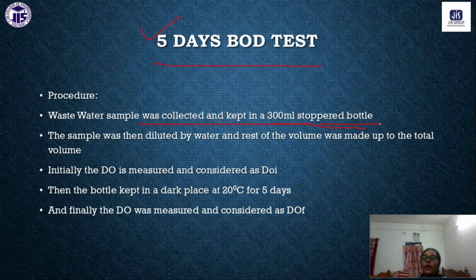If we don't use a stoppered bottle, aerial oxygen will enter the bottle and the amount of BOD we measure will be erroneous. So we use a stoppered bottle, closed, so that no oxygen molecule can enter from the environment.